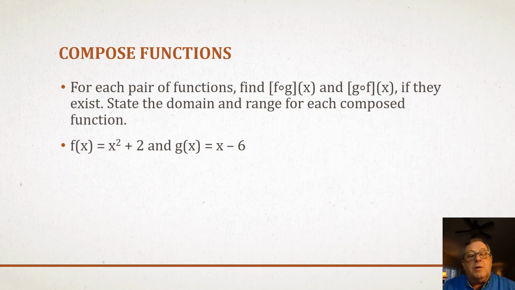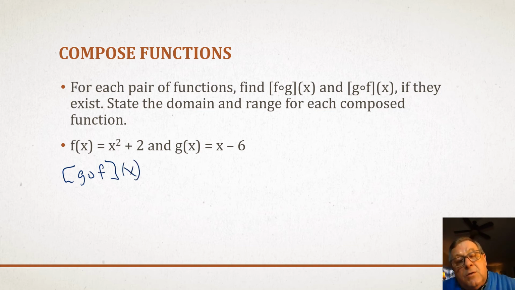All right, so this time we're going to do g of f. I'm going to substitute in f of x for x in g of x. So we've got g of f of x, and that is going to equal x squared plus 2, there's my f of x being substituted for x, then minus 6.